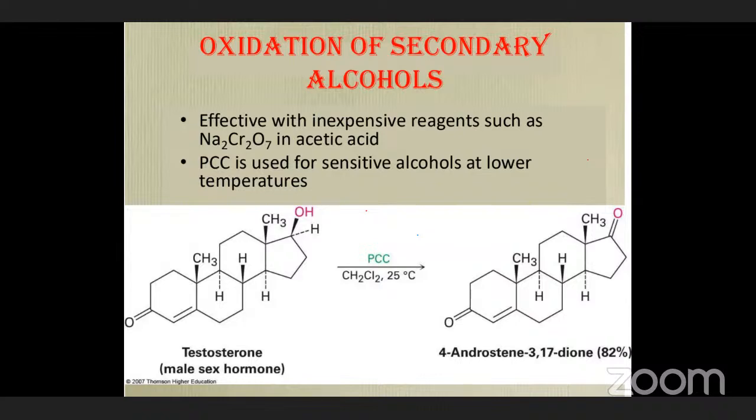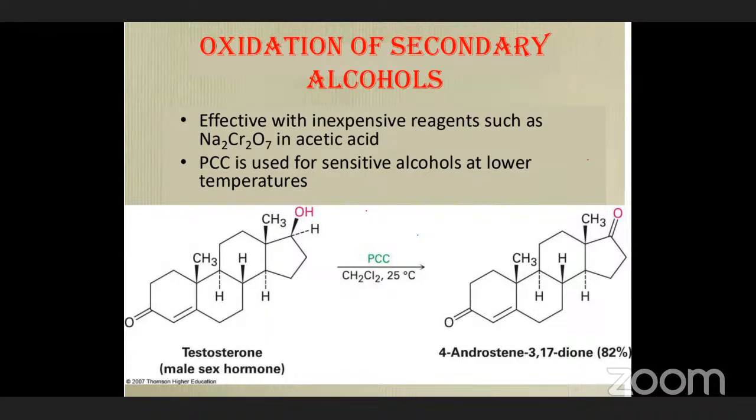Sometimes you'll see structures that are very big. It's just to confuse you and put fear in you. Don't be afraid. Just look for the functional group and identify the change. If the change is alcohol moving to a carbonyl, for instance, you know that is an oxidation.